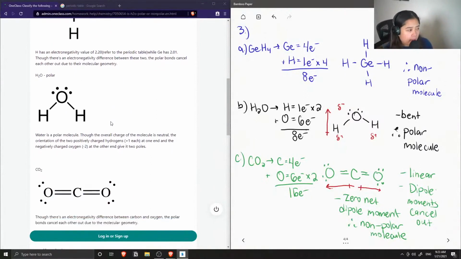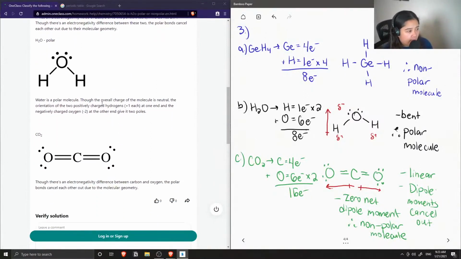For water, it's polar. It says that though the overall charge of the molecule is neutral, the orientation of the two positively charged hydrogens at one end and the negatively charged oxygen at the other end gives it two poles. But it's not actually positively charged, like these aren't ions.